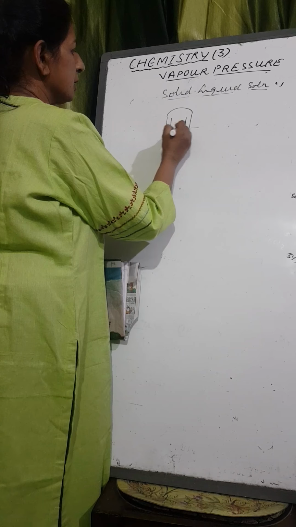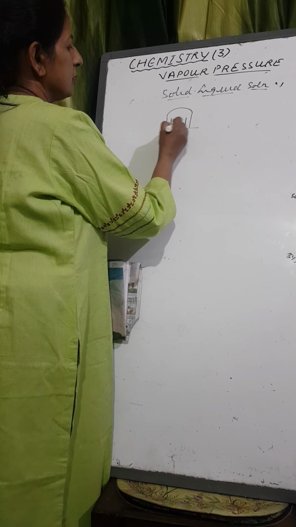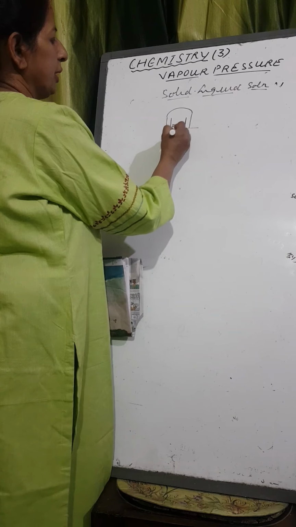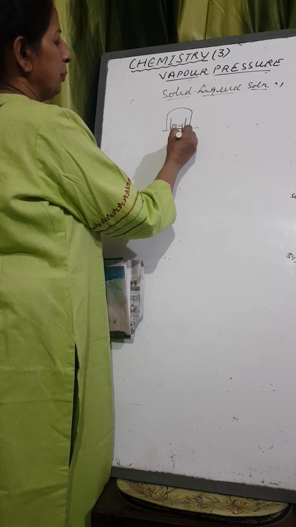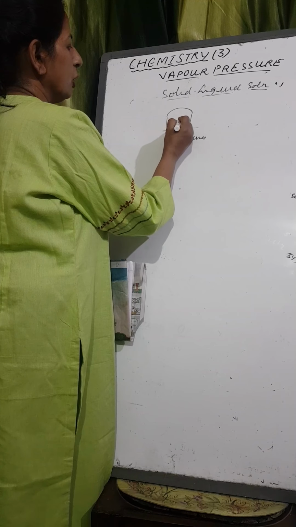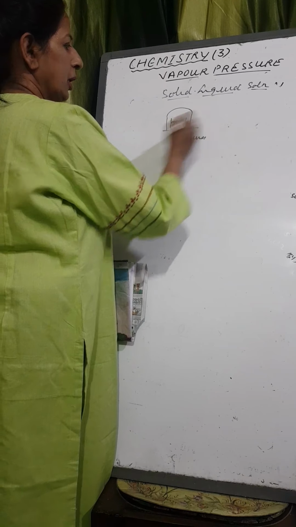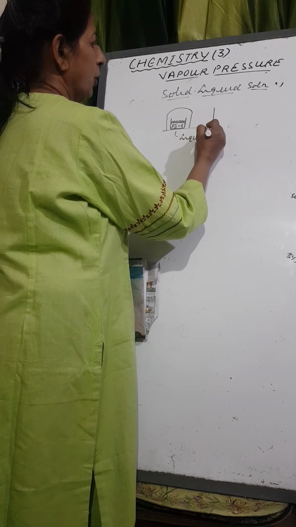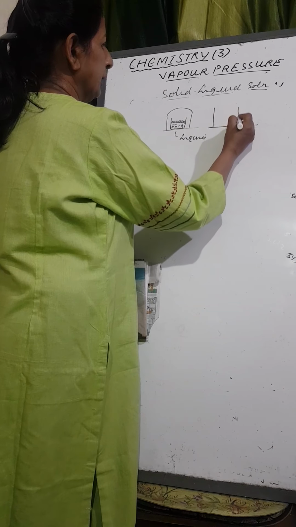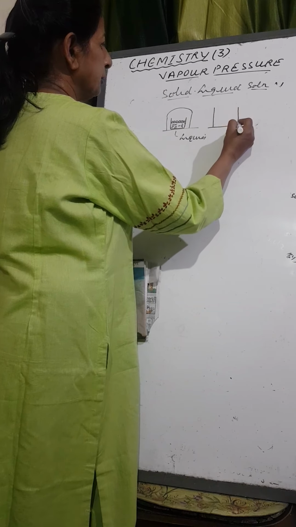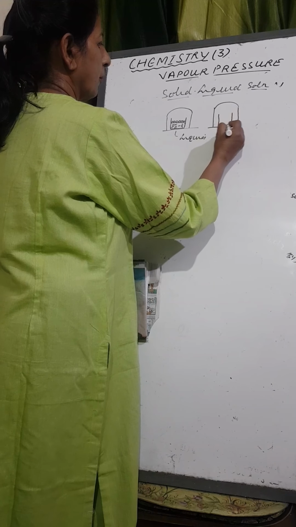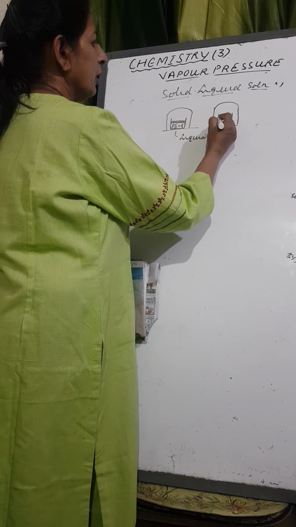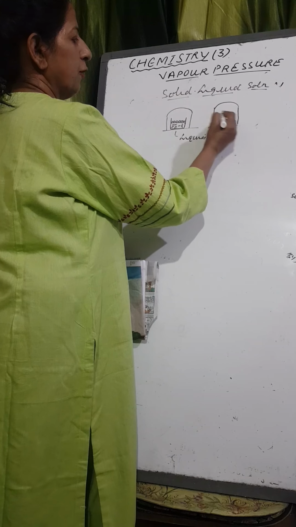Just consider this system. This is a container in which a liquid is present. This is the liquid. This is the surface where the molecules of the liquid are present. Now to this some solid is added.